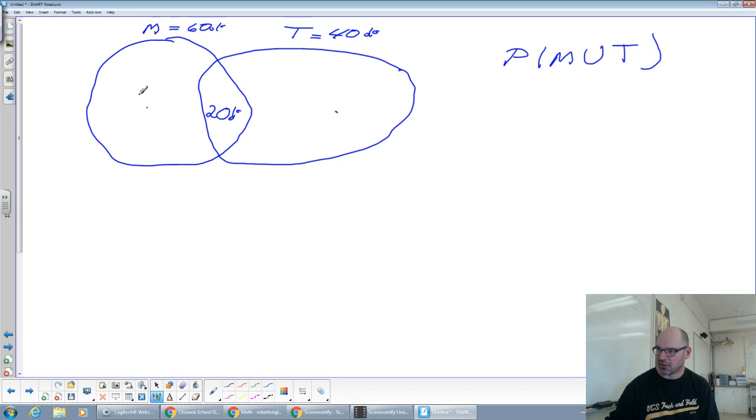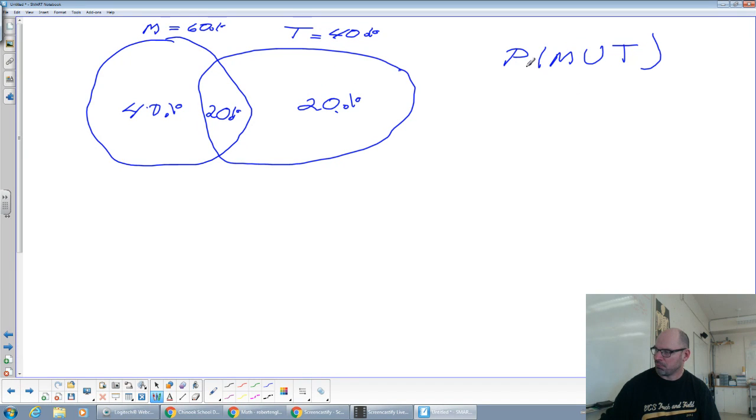But if we're just doing the circles, this would be 60 minus 20, which is 40%. So that's a 40% chance it'll just snow on Monday and not on Tuesday. And this one's 40 minus 20, which is another 20%. There's a 20% chance it'll just snow on Tuesday.